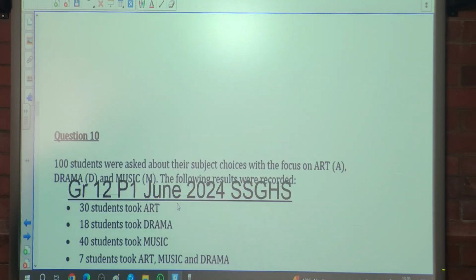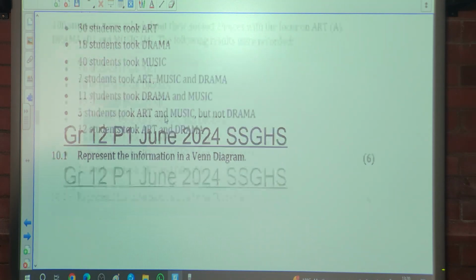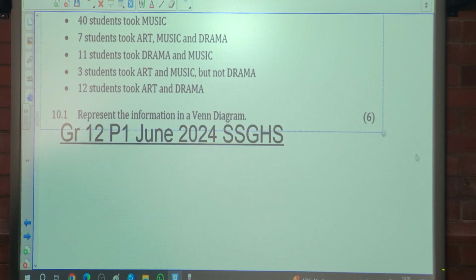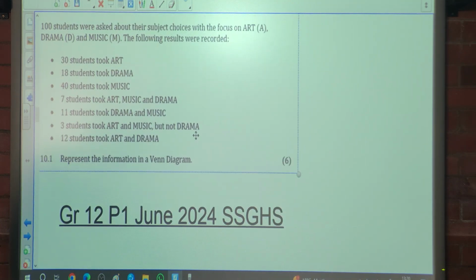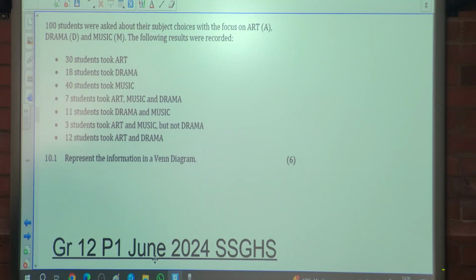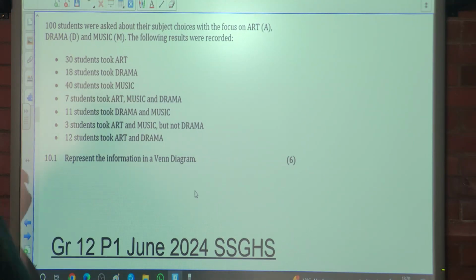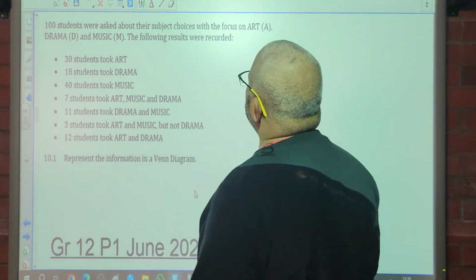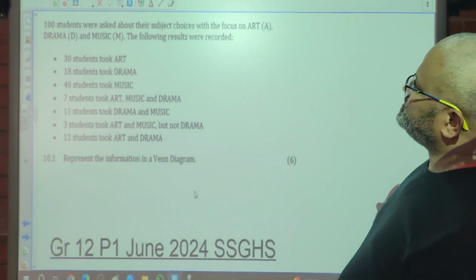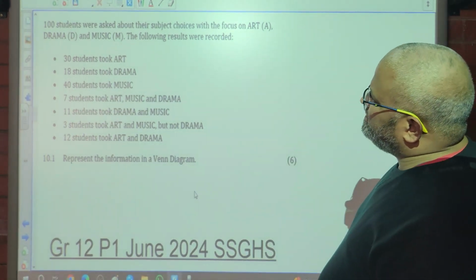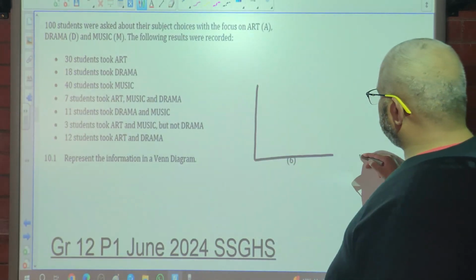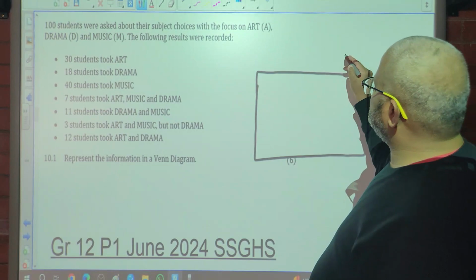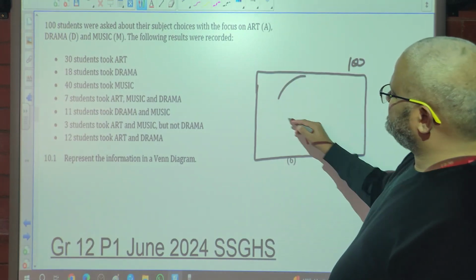Let's go to the next question, question 10. This is your grade 11 probability. As we have here, we are told that 100 students were asked about their subject choices with a focus on art, drama, and music. We'll start off by saying the 100 people, so your sample space will be 100.